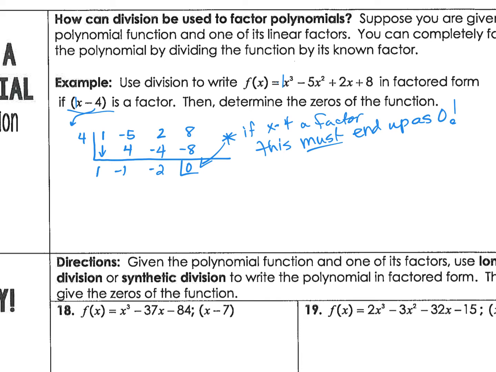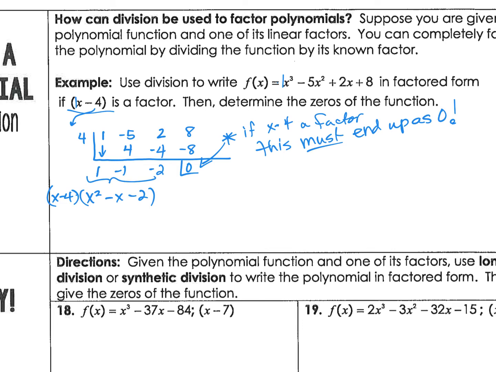So now what is this right here? X squared minus x minus 2, isn't it? Can't we factor a quadratic? So right now what we have is x minus 4 times x squared minus x minus 2.